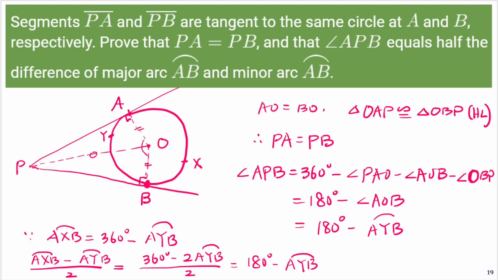This is exactly the same with the expression of the angle ABP. Thus, we have proved angle APB equals 1/2 of the difference of the two arcs, AXB and AYB. Did you get it?